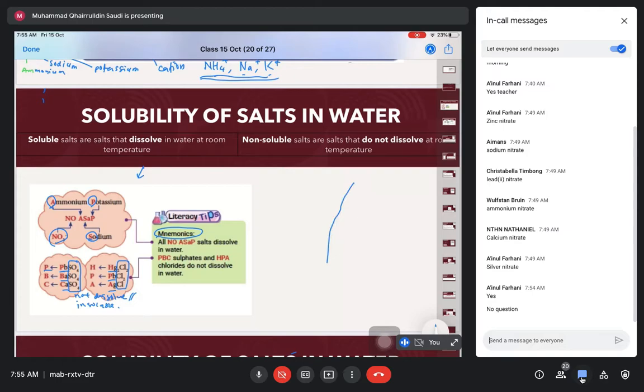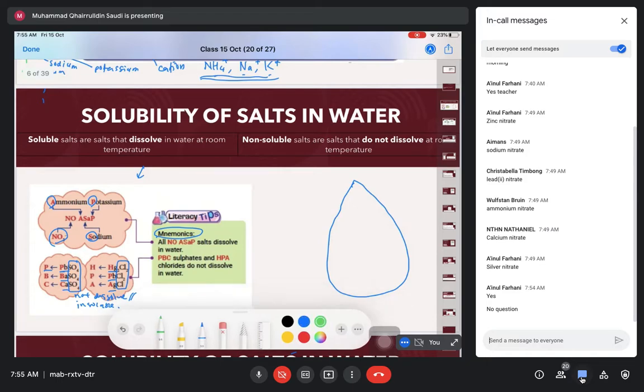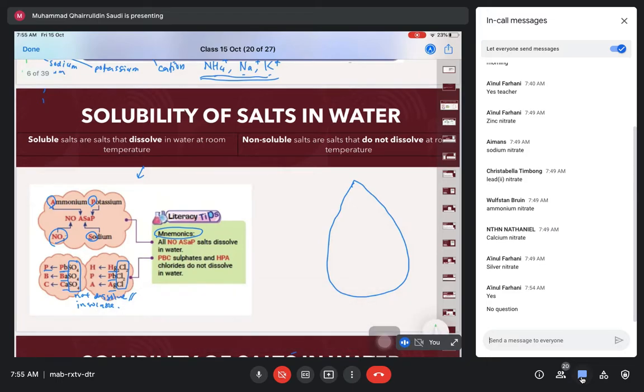First, you draw a big droplet of water. And then we have nitrate. We have sulfate. We have chloride. And we have carbonate.